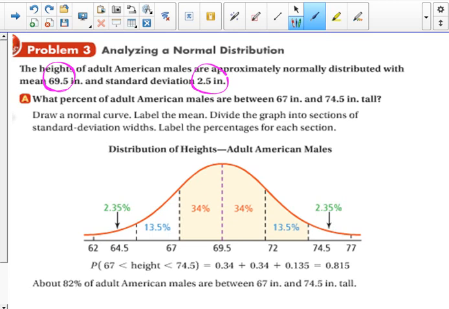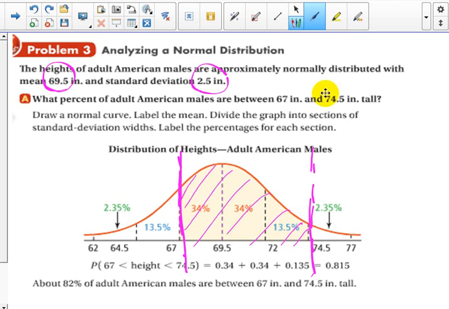So let's look. Where's the 67? Right there. Where's 74.5? Right there. So it's all of this shaded area that falls between those. So let's get those percentages. So 34 plus 34 plus 13.5. Right?